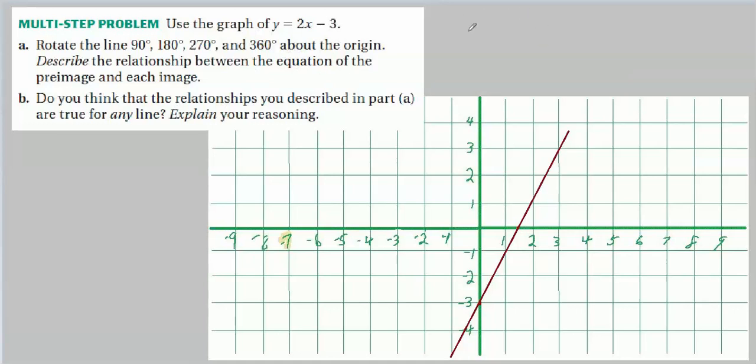So, easiest way, let's see, we're going to rotate this 90 degrees. Just pick 2 points. Remember, 2 points define a line. And we can also use that to find the equation of the line later on.